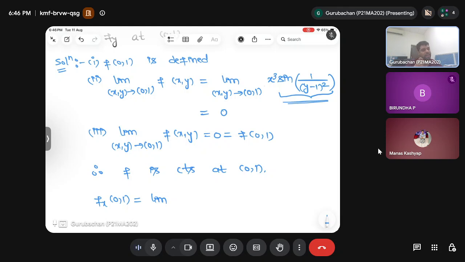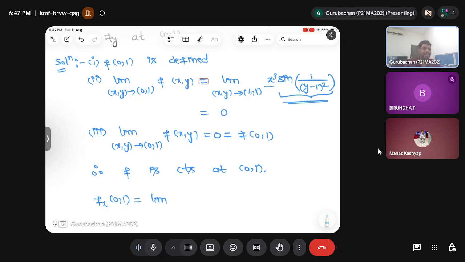Okay, and whenever there is multiplication by specifically 0, I am not saying any finite quantity. Suppose x is also going to 1, then in this case the limit does not exist, because 1 into anything, you cannot commit to what exact finite value it will take.